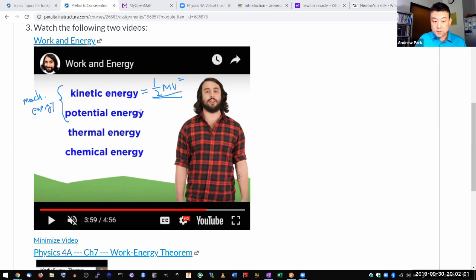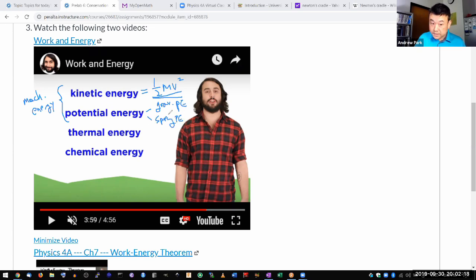And for potential energy, you will see two different forms: gravitational potential energy and spring potential energy.